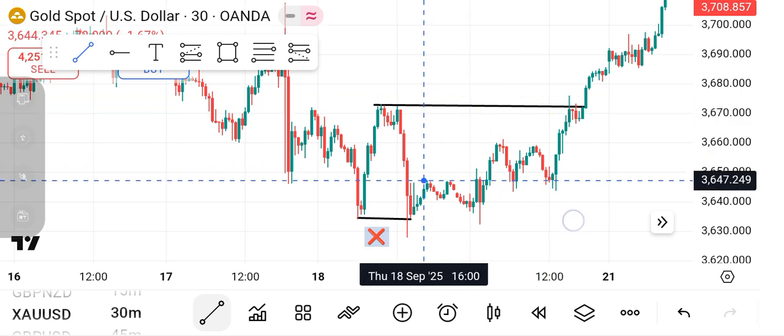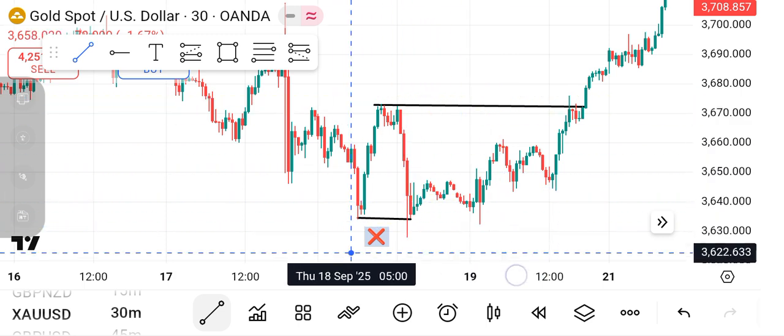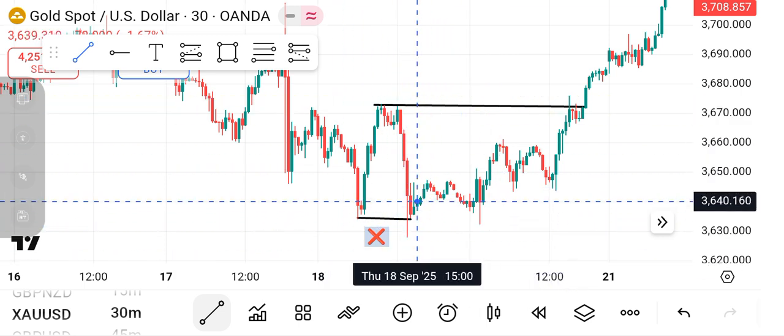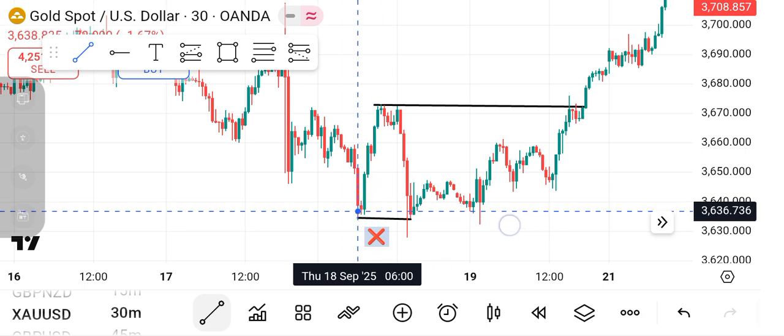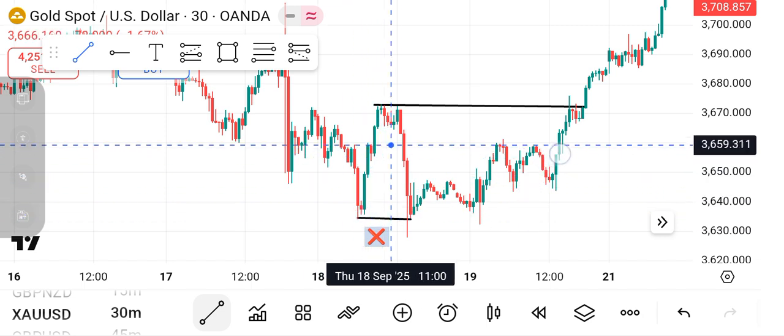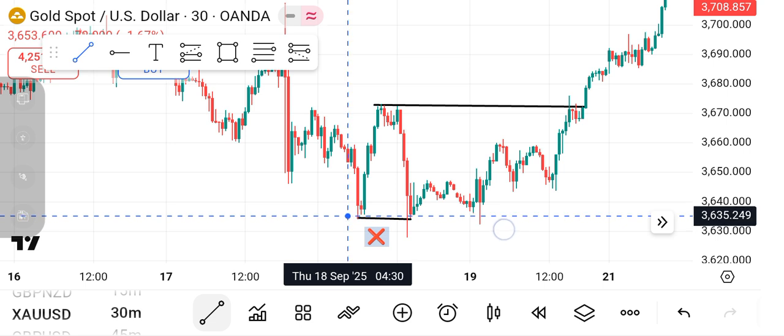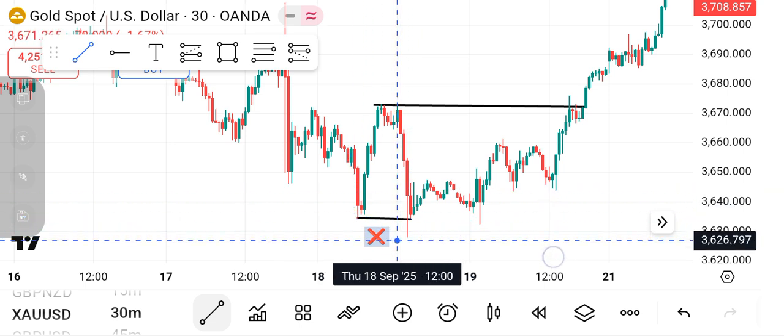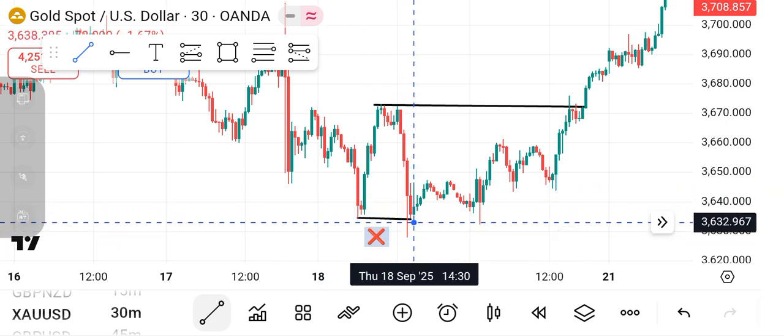Most of you always make mistakes when it comes to identifying your valid break of structure and your valid sweep. Anytime price breaks a low with a candle wick, know that it is not a break of structure. It is called a sweep.